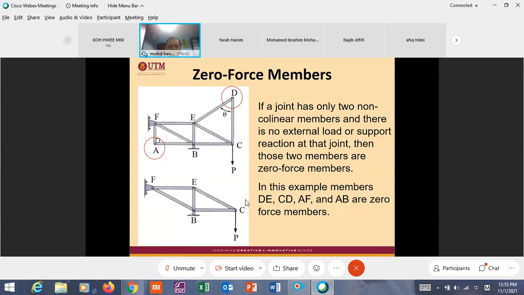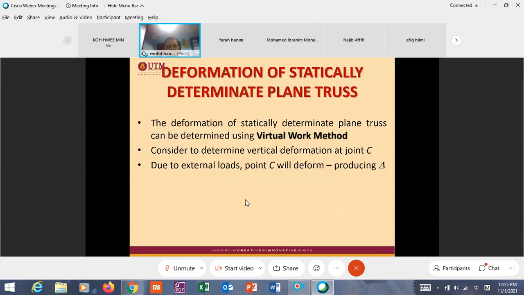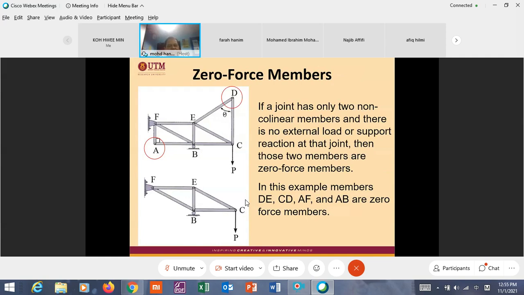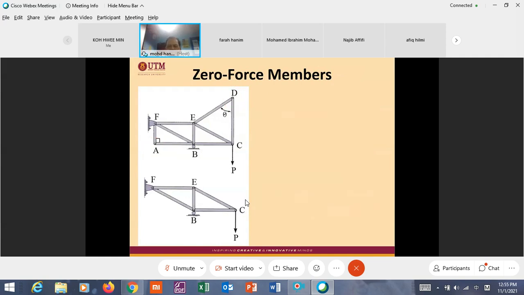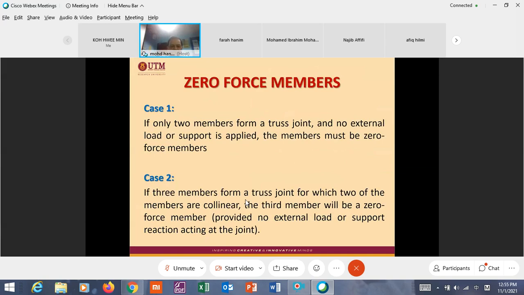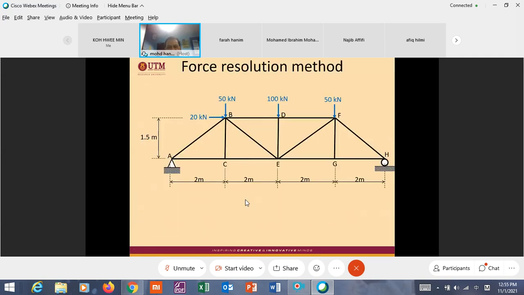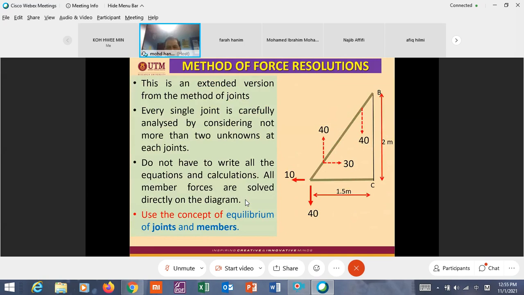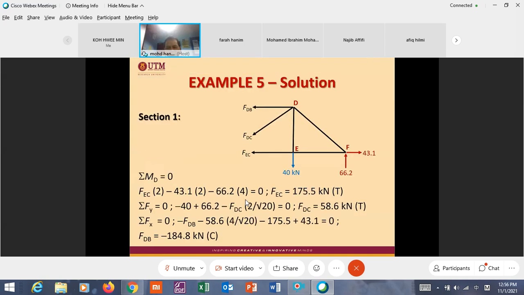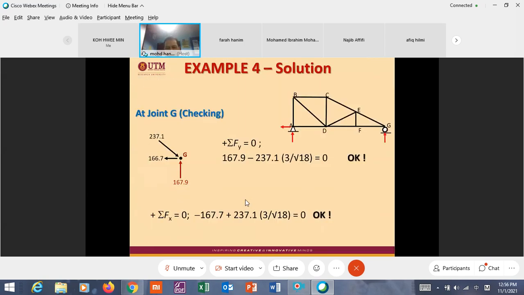Okay. So there are many more cases. For this, sorry. If three members form a truss joint for which two of the members are collinear, the third member will be a zero force member. There is no figure here, but I can show you one example I noticed just now.